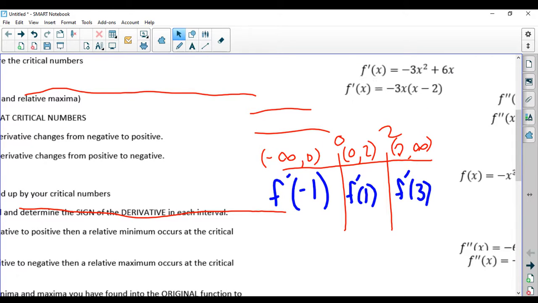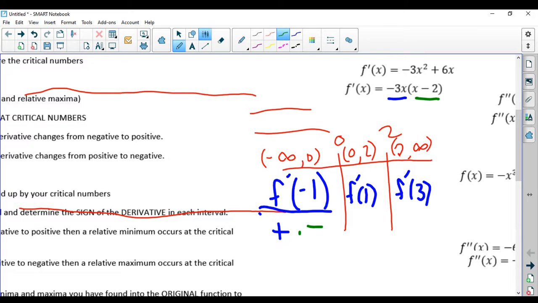If you plug -1 into this factored version, you will get -3 times a -1, which is a positive. And then the second factor, you'll get -1 minus 2, which is -3, which is negative. So it's a positive times a negative, which is negative. Now the next interval, f prime of 1.